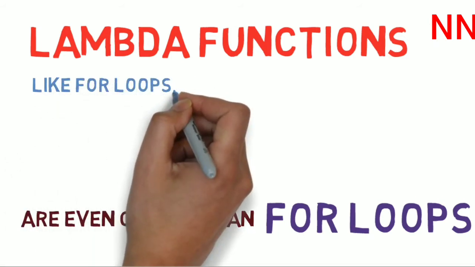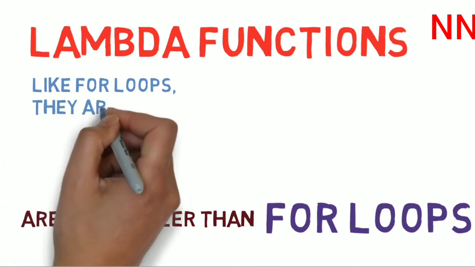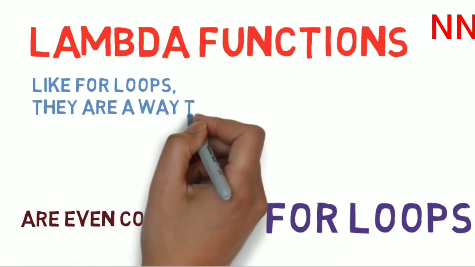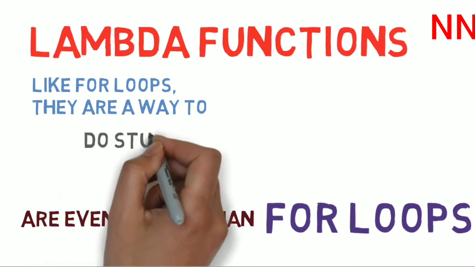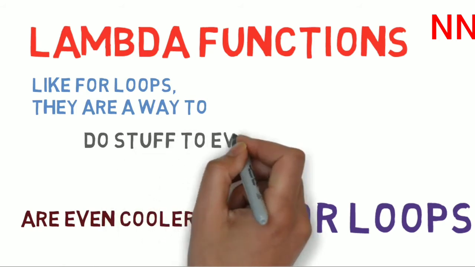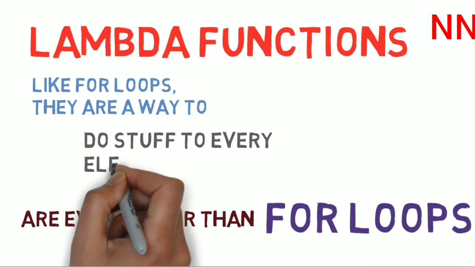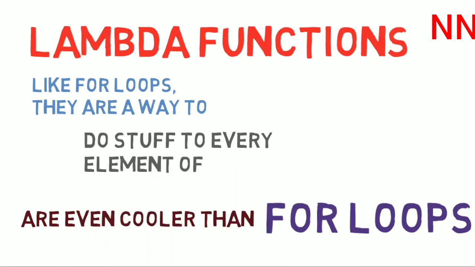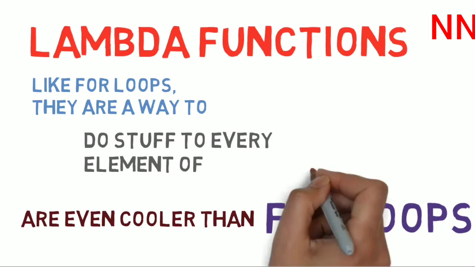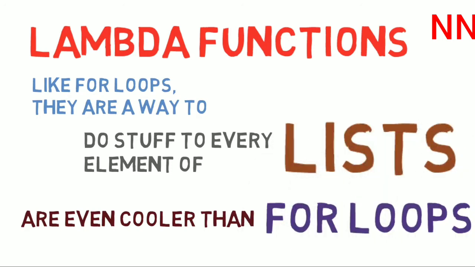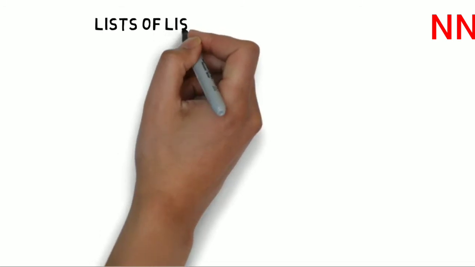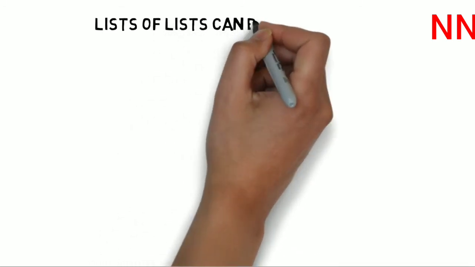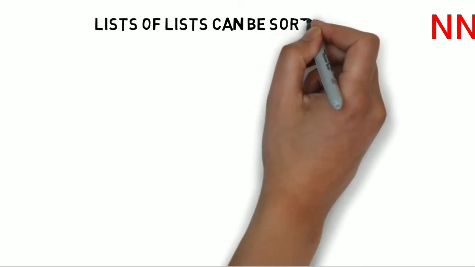Lambda functions, like for loops, are another way to do something to every element of a list. Using lambda functions, you can compress the code of an entire for loop into just one line of code. They're super cool and we will use them in this exercise.